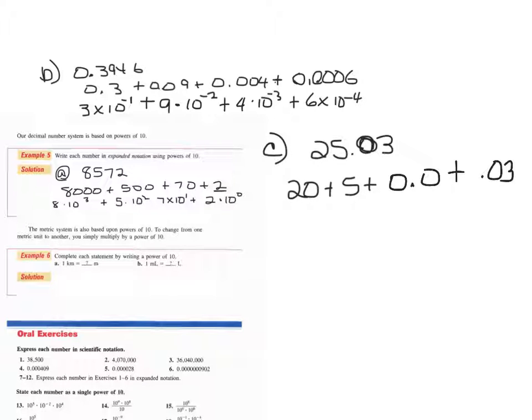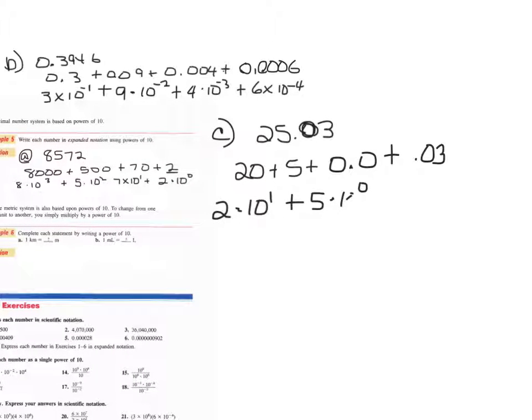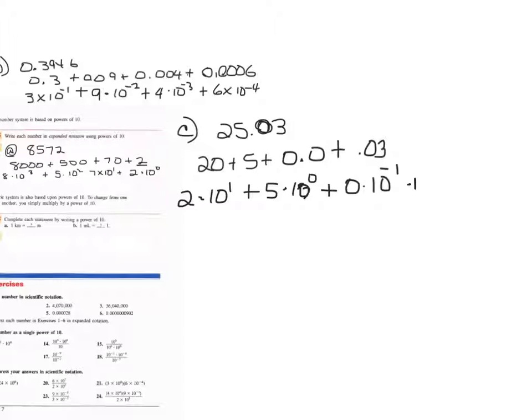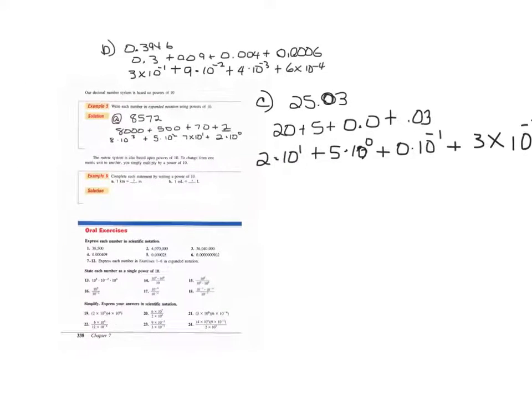So now with the exponents, this is going to become 2 times 10 to the 1st plus 5 times 10 to the 0. Plus 0 times 10 to the negative 1, just so you hold everybody's place. And then 3 times 10 to the negative 2. So that's how you would write it in expanded form.